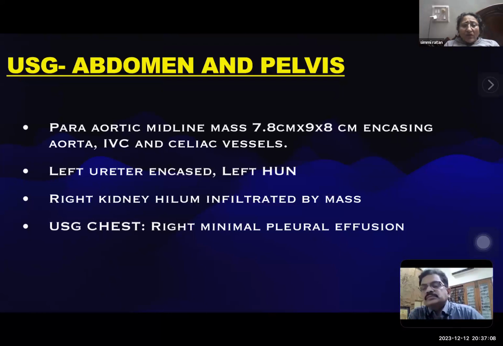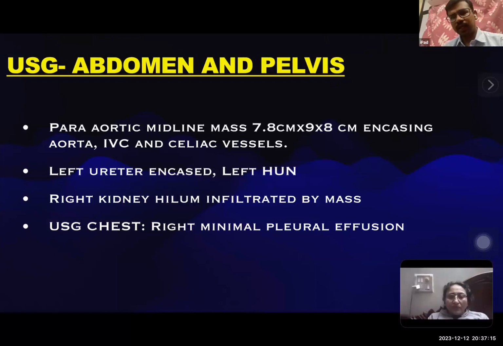So, based on the ultrasound, which tumor do you think is the likely possibility and why? I think neuroblastoma, because there is an encasement of vessels. Okay, fine. Why does neuroblastoma generally encase the vessels?